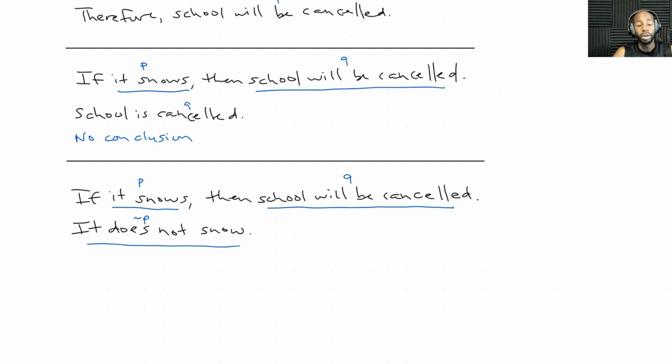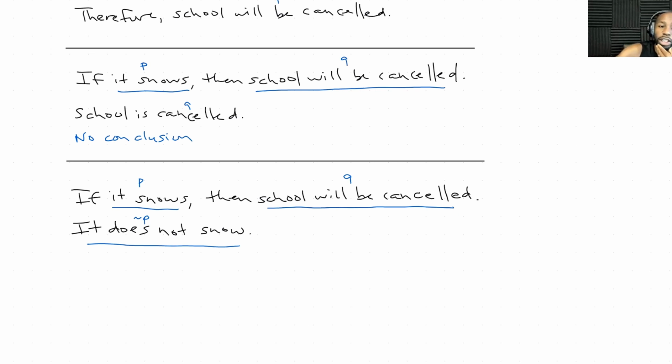Okay. So can we conclude, for example, from the law of detachment that school will not be canceled? No, we can't. All you can conclude with the law of detachment is, if P then Q, P is true, therefore Q is true. You can't conclude that P is not true, therefore Q is not true. You can't do that. Okay.